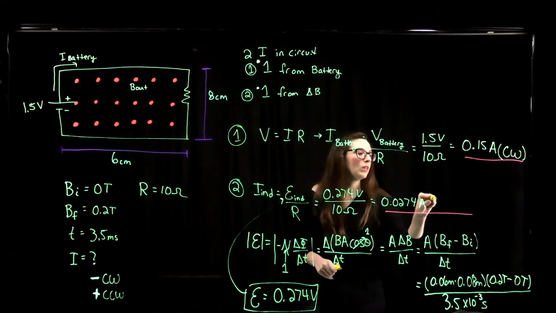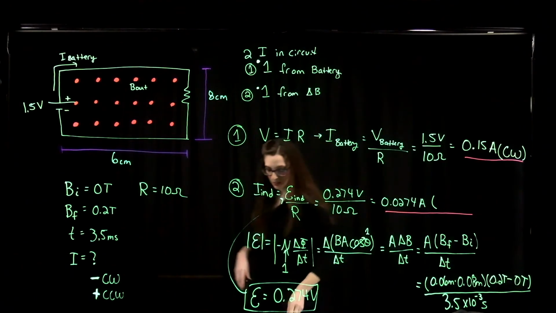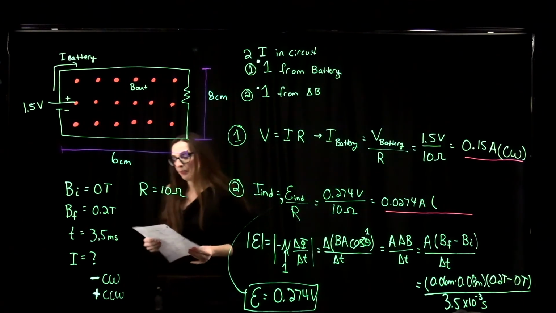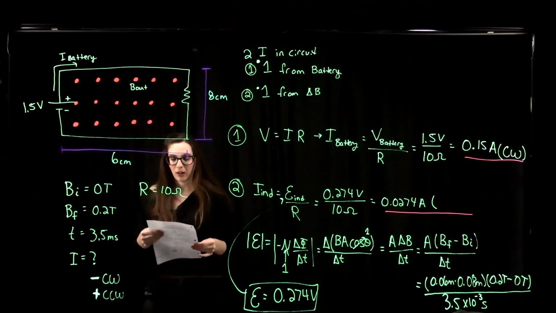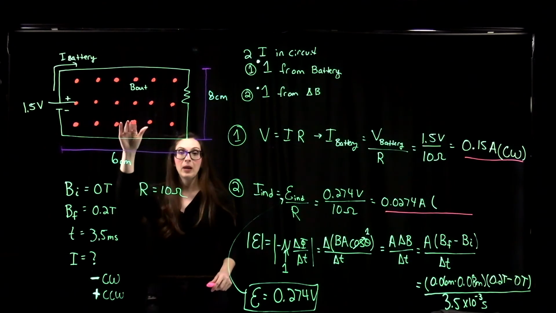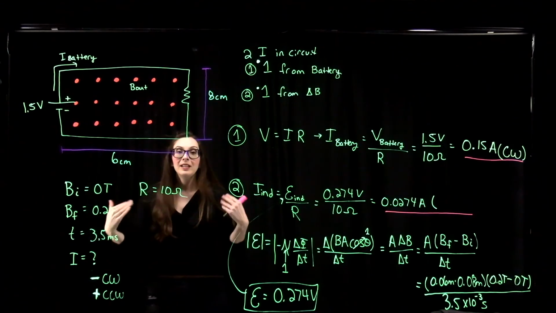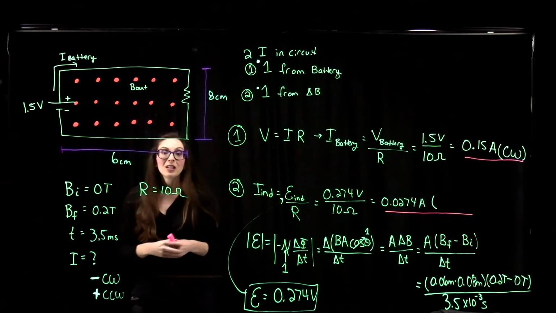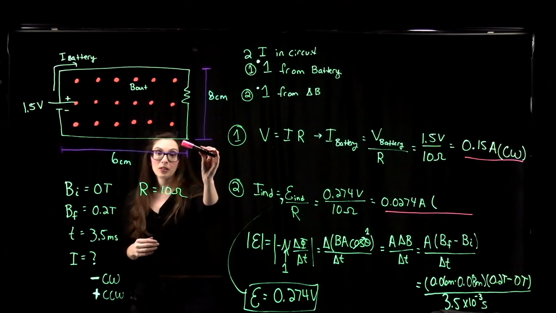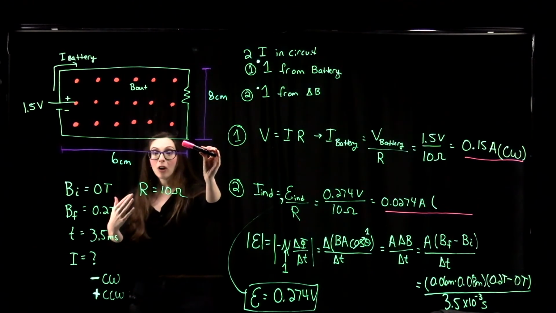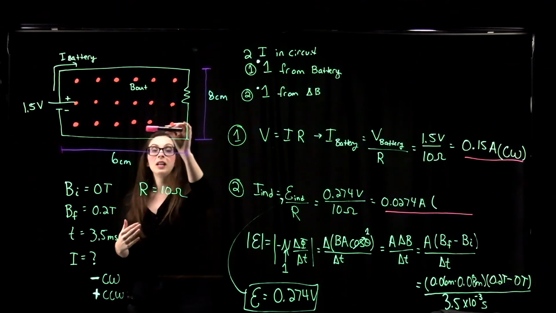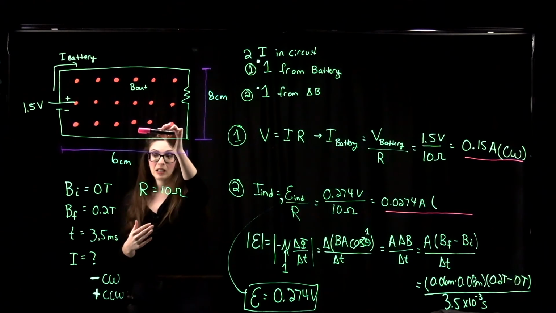Okay, so this is where we apply Lenz's law. What is the direction of my induced current? The magnetic field inside my loop is out of the page and it is increasing. Nature abhors a change in flux. So the current that gets induced in this loop is going to have an induced magnetic field that wants to oppose this increase of the magnetic field inside the loop.